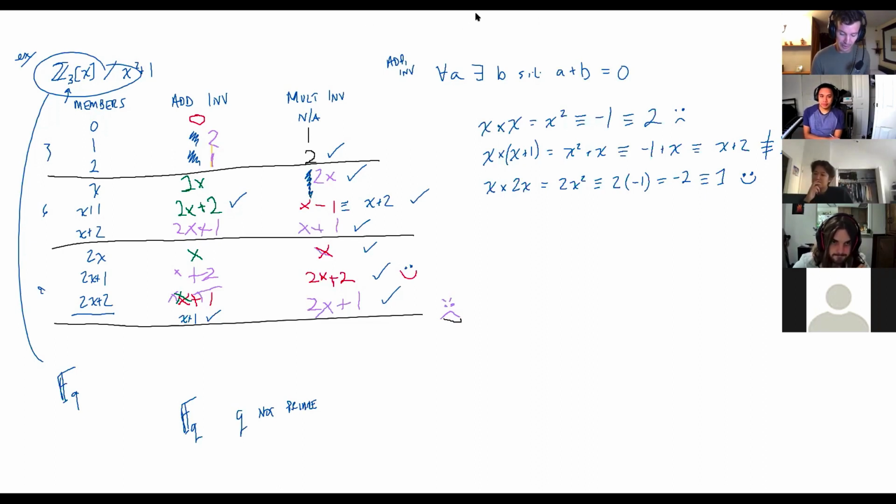So the whole idea is that this worked because this is irreducible in the parent field, right? Because this polynomial x squared plus 1 acts like a prime number in Z3 of x. Okay.